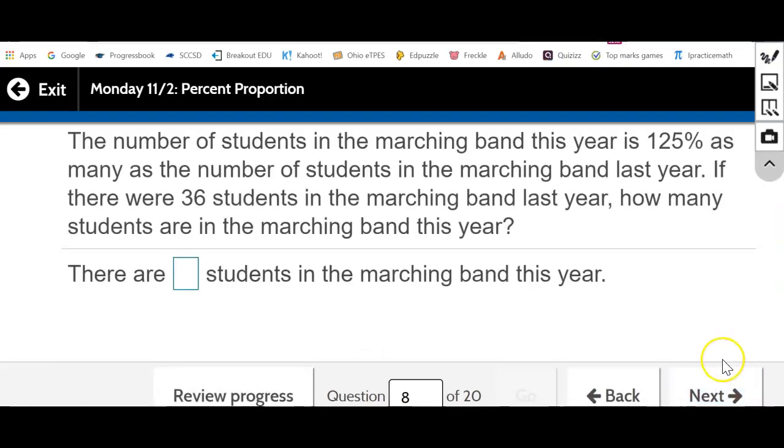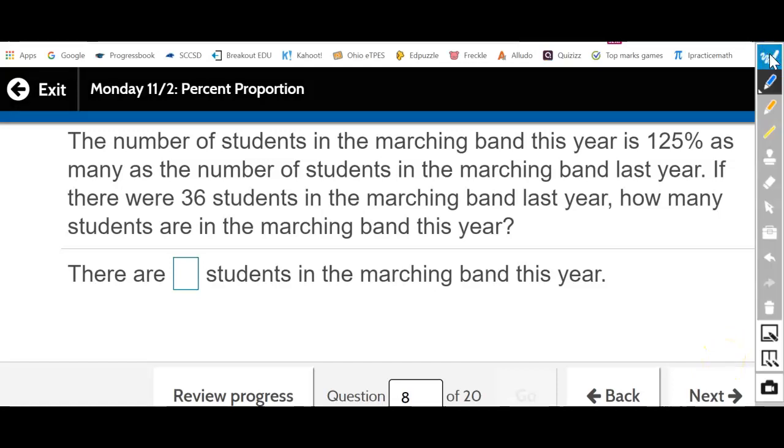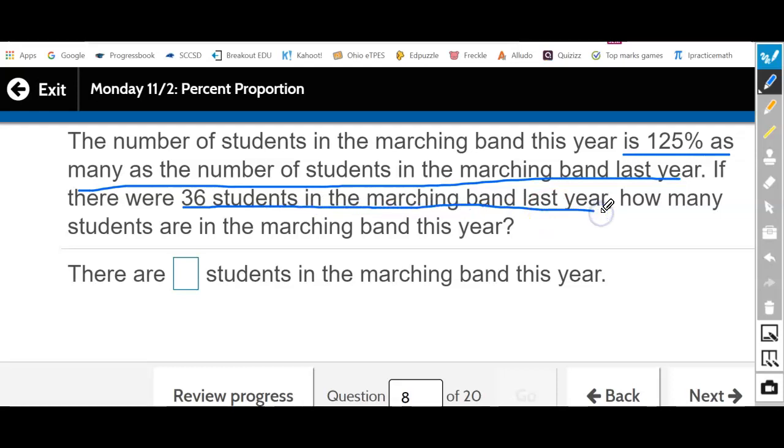Okay. How about this one? It says the number of students in the marching band this year is 125% as many as last year. There were 36 in the band last year. So how many students are in the marching band this year?